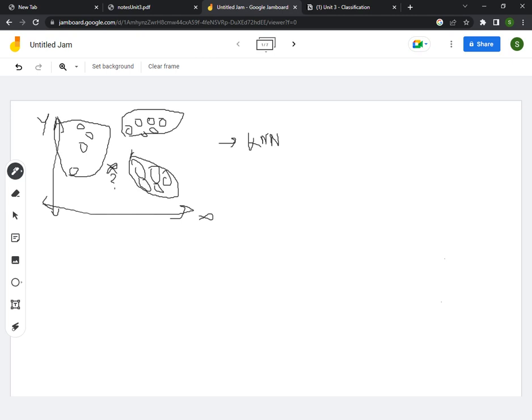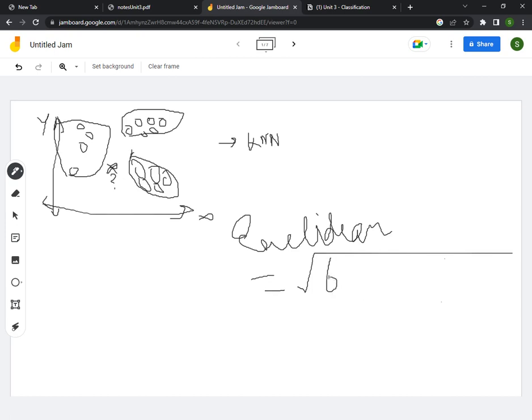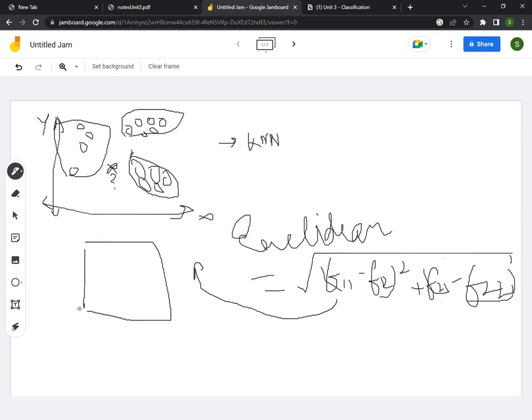Euclidean distance is equal to the square root of an expression: f11 minus f12 whole square plus f21 minus f22 whole square. Now what is f here? F is nothing but the feature that we have taken.